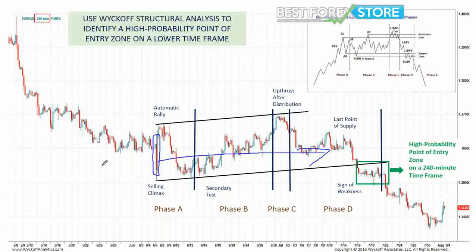Well, first of all, we're thinking that currently we are in phase A. Currently we are in the automatic rally, and therefore at some point we're going to have a reversal to the downside, and we're going to retest a climactic action low.